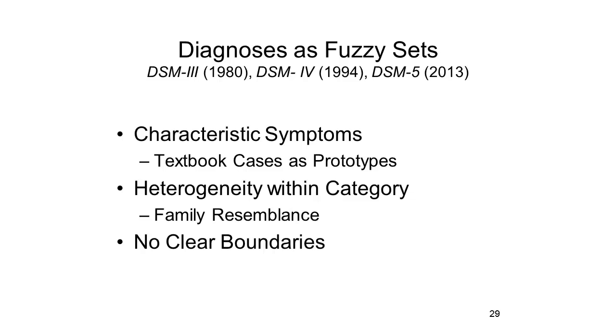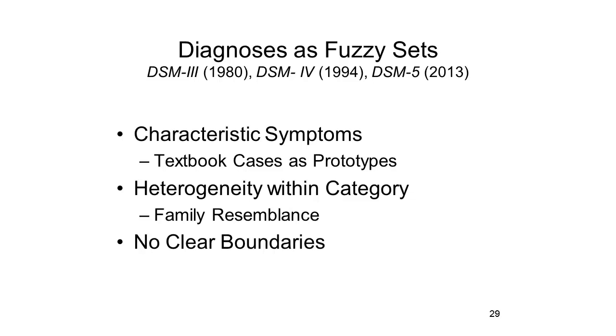Delusions may be highly likely to occur in schizophrenia, but they do not define schizophrenia because they are also observed in other syndromes, and not all schizophrenics are delusional. Moreover, specific instances of the categories will share a family resemblance, resulting in a great deal of heterogeneity among patients who carry the same diagnosis.